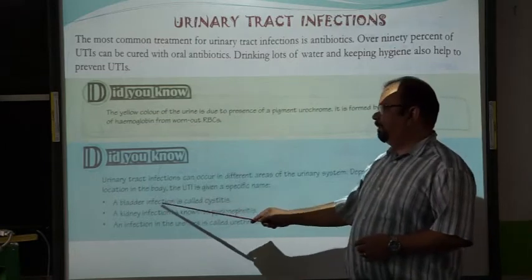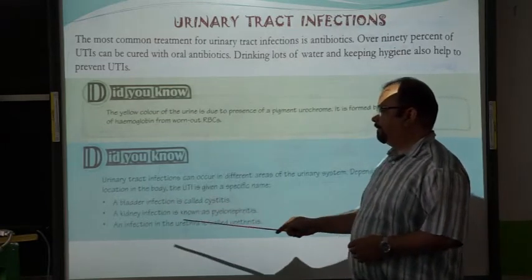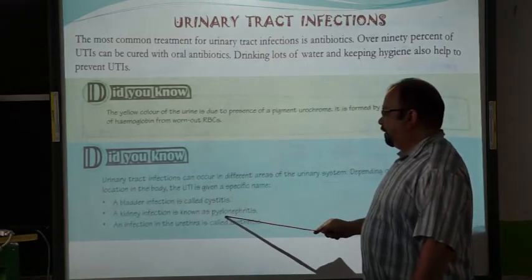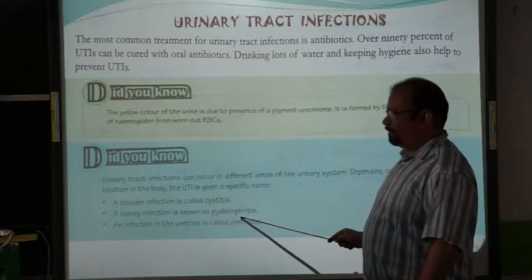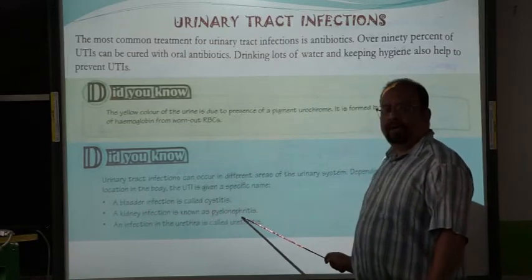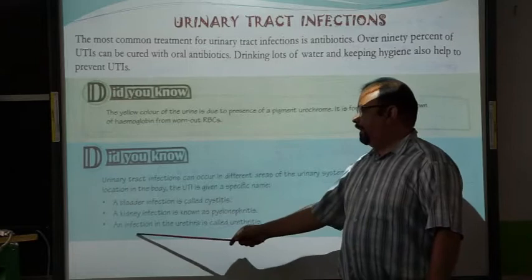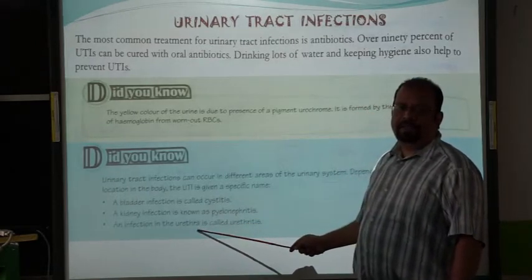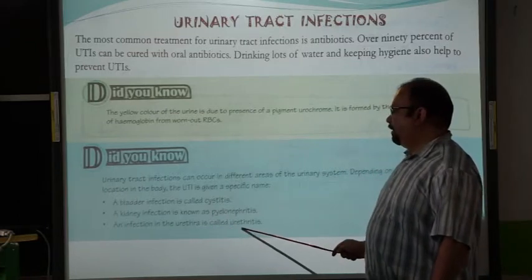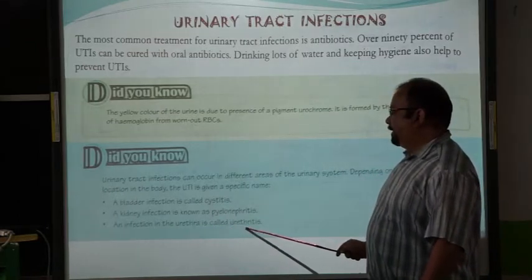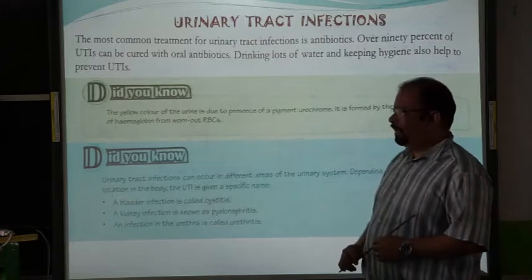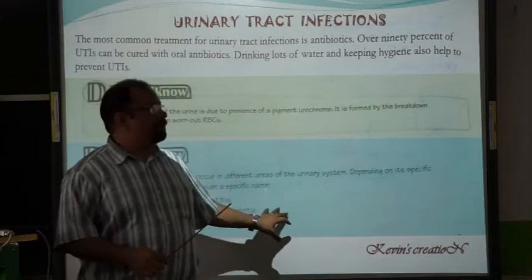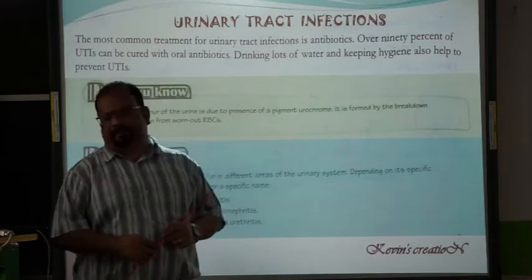A kidney infection is known as pyelonephritis. And if there is an infection in the urethra, that means the opening of the urinary bladder, it's called urethritis. So depending on where it is located, we give a different name to this UTI.